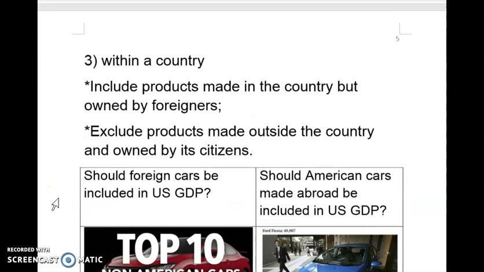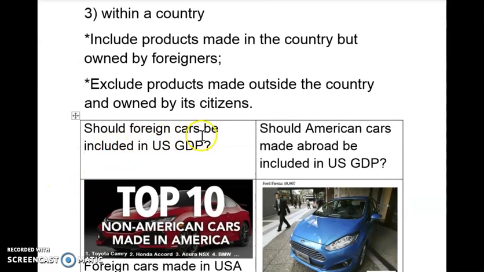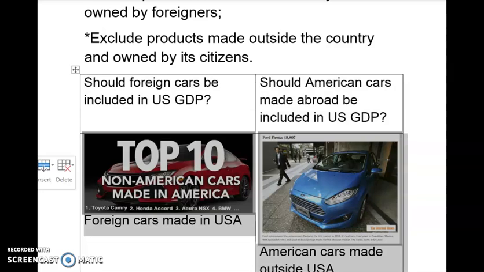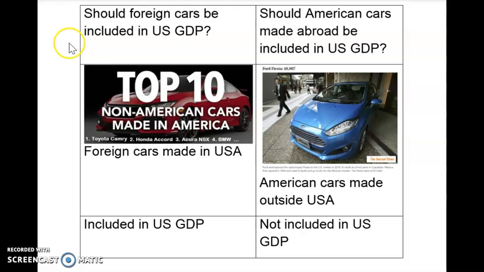Okay, so here is an example. Should foreign cars be included in US GDP? You know that there are a lot of cars produced in the United States, and those cars are foreign owned. For example, the Toyota Camry, the top produced car in the United States, is owned by the Japanese.